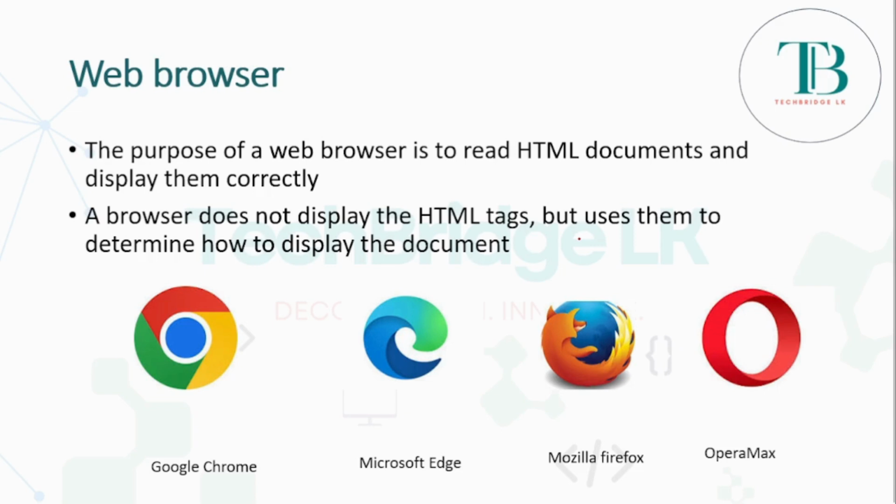Here the browser does not display the HTML tags. Tags mean the elements, so in the browser, the elements will not be displayed. Only the content will be displayed in the web browser. That's the main thing. As the web browser, we can use Google Chrome, Microsoft Edge, Mozilla Firefox, Opera Max.